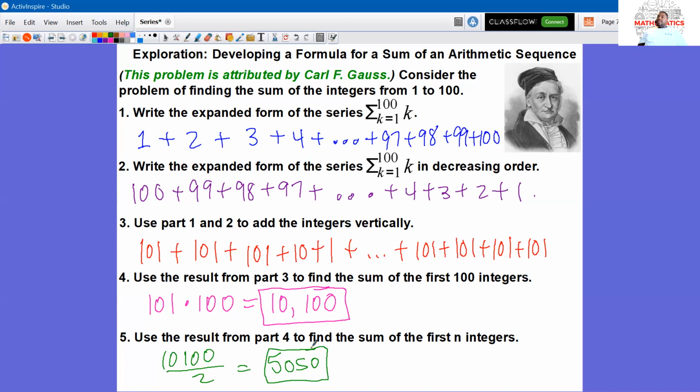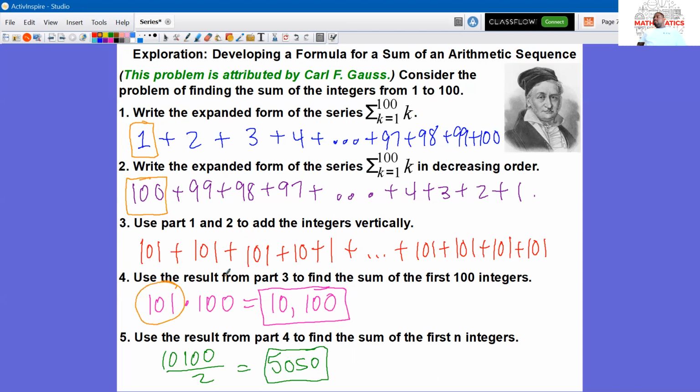So this is very interesting because I want to actually go back to part 4 for a minute. And I want to show you something. So the 101, that's right here. Okay, yes, we actually did that. But if you notice, the 101 is actually this first term and this last term added together.